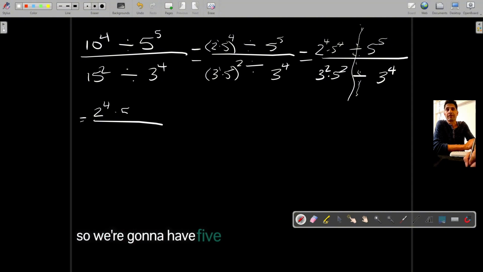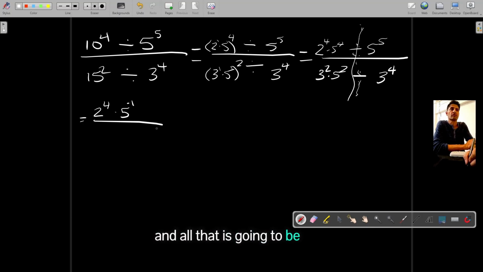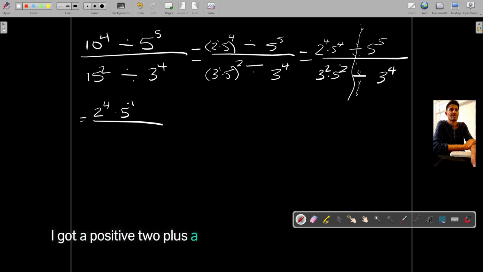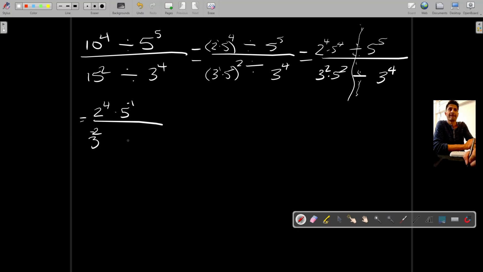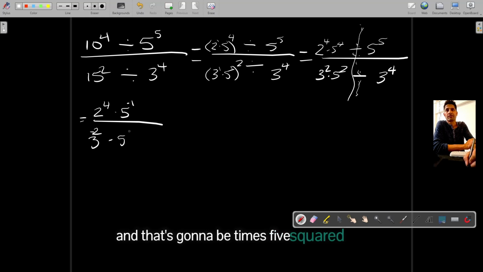So we're going to have 5 raised to the quantity negative 1. And all that is going to be over, positive 4, cross the line, change the sign, that's going to be a negative 4. So I got a positive 2 plus a negative 4, which is a negative 2. So we've got 3 raised to the quantity negative 2, and that's going to be times 5 squared.